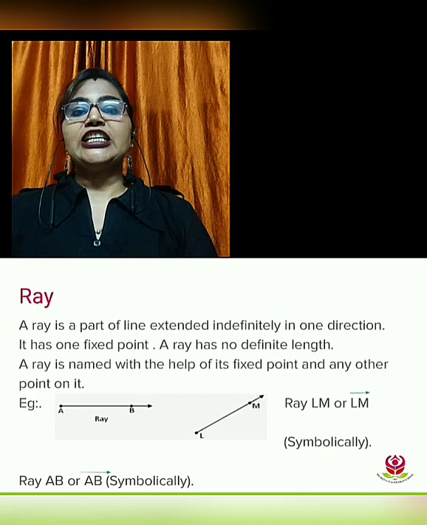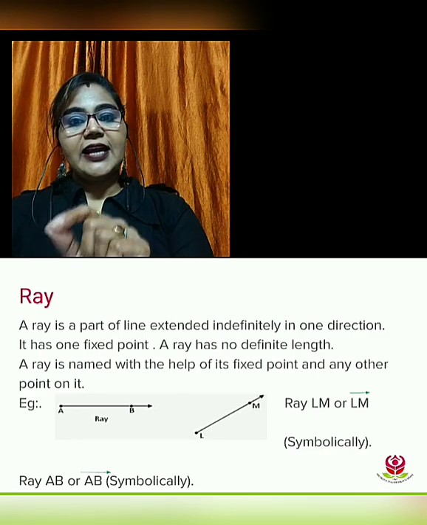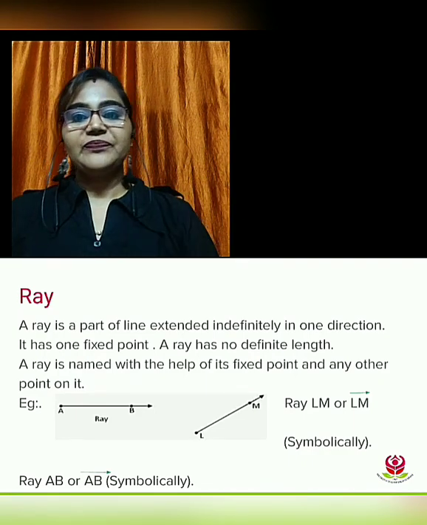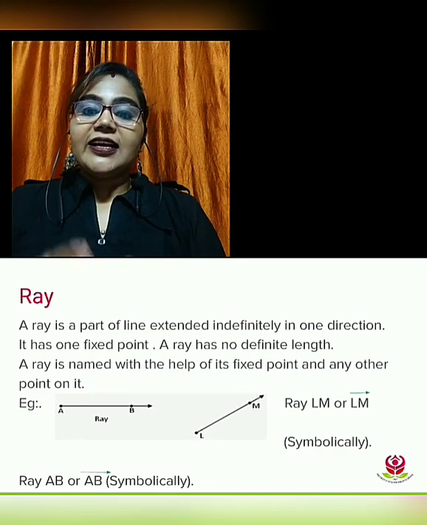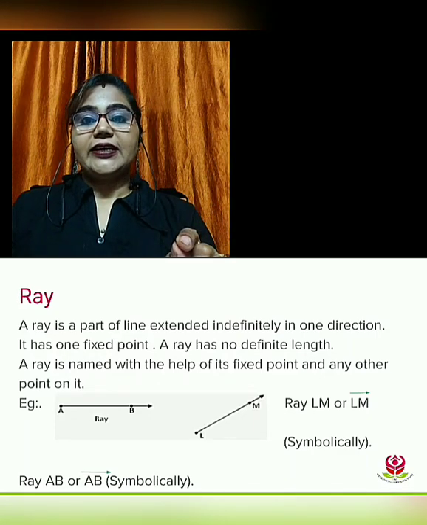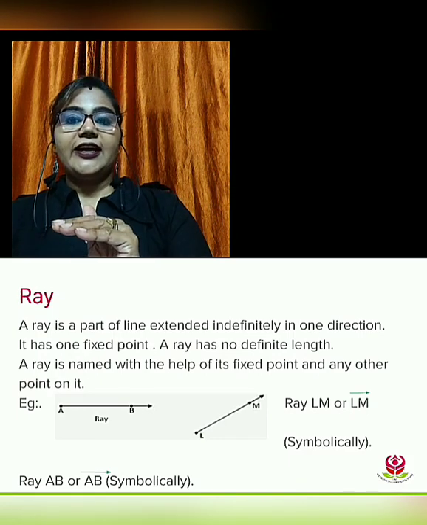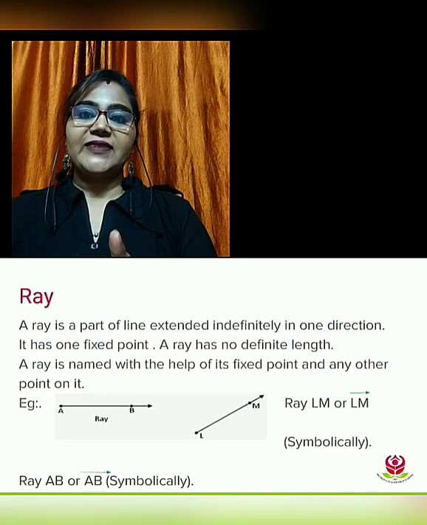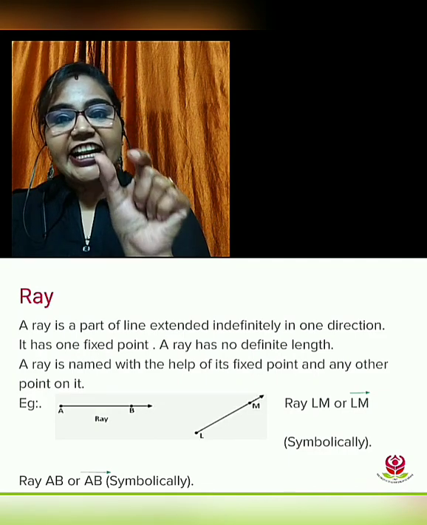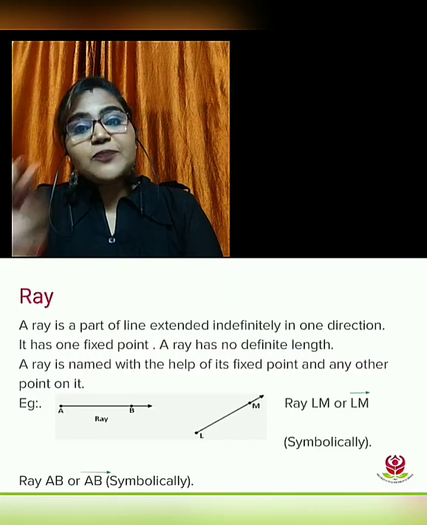A ray is named with the help of its fixed point and another point on it. For example, just see ray AB. I'm not reading ray BA. This you have to remember. When you are reading a ray, you have to start from the fixed point.